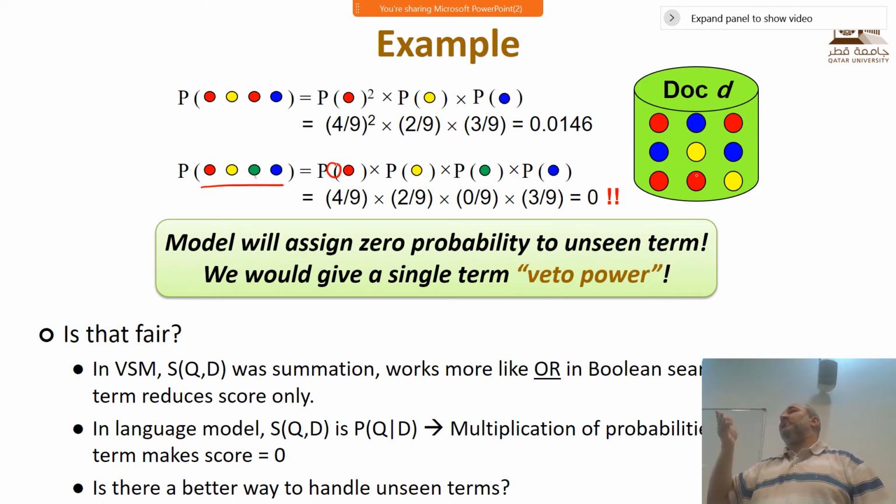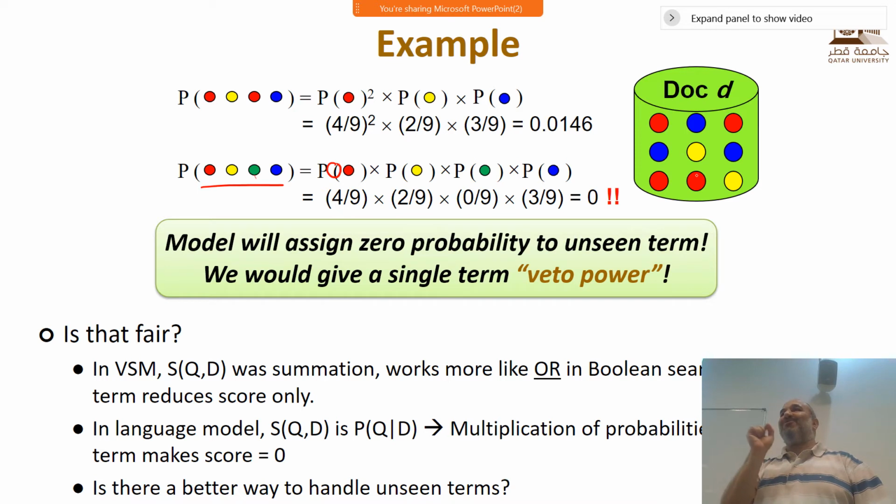How do we score the documents? If you remember, that was a summation over term weights. So we have something like TF-IDF, and we sum over TF-IDF scores for every query term, right? What happens if the TF-IDF score for one term is 0?